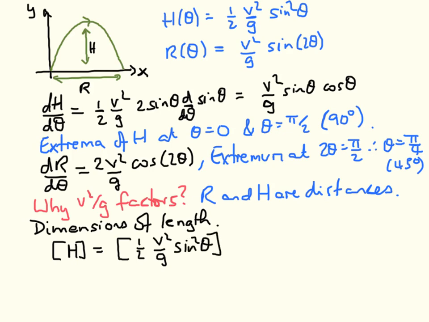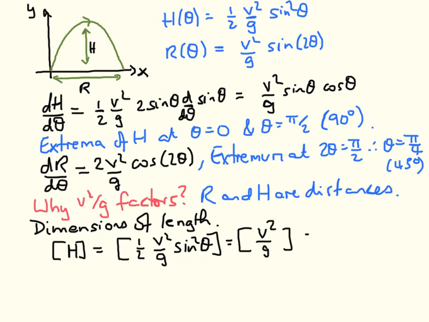Now, a half is just a number, and sine of theta is a trigonometric function, and that just depends upon angles and is dimensionless. So this has no dimension and this has no dimension. So the dimensions of h are actually just the dimensions of v squared over g.